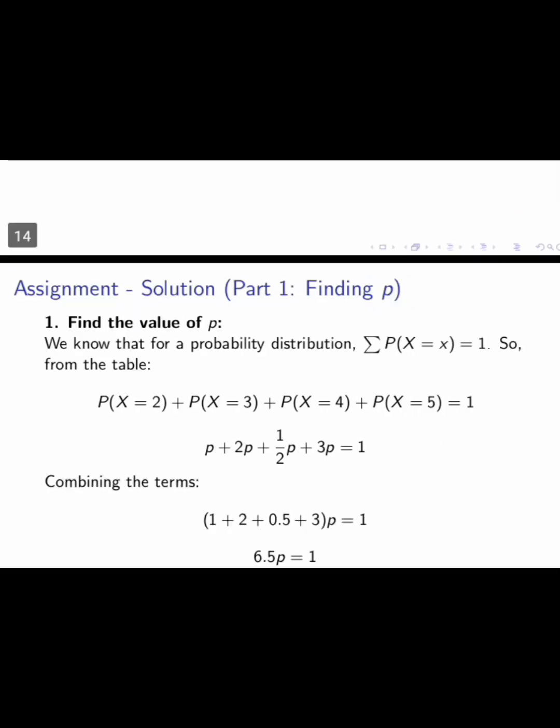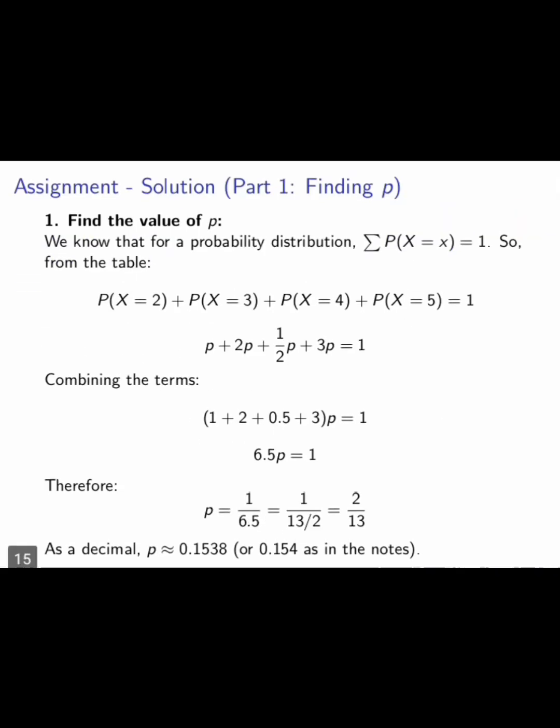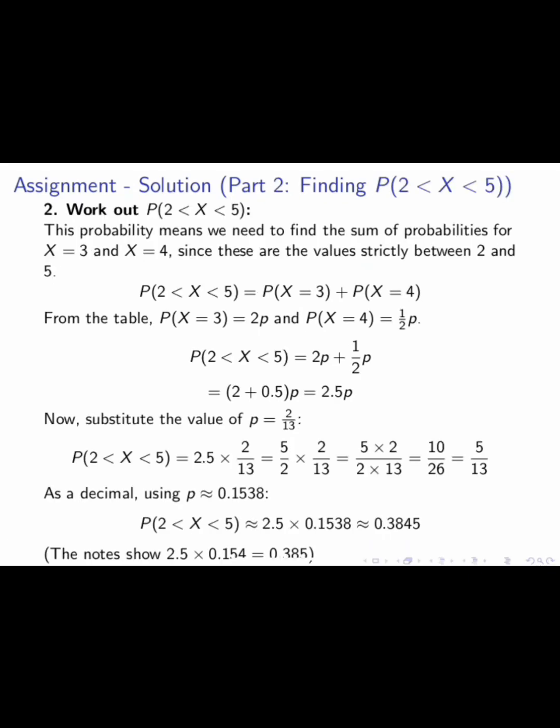Anything that is less than 5 and greater than 2 simply means that you are dealing with only the numbers 3 and 4. Are you getting me? You already have x equals 3 to be 2p, and x equals 4 to be 1 over 2p. Don't forget that you already found the value of p to be 2 over 13. So when you substitute that value of p, you get your answer to be 5 over 13. So approximately it is 0.3846. Are you getting it?